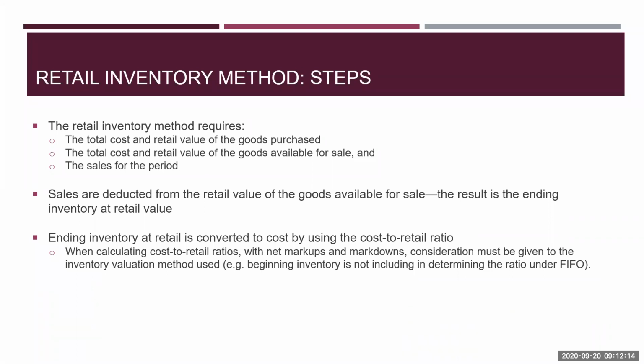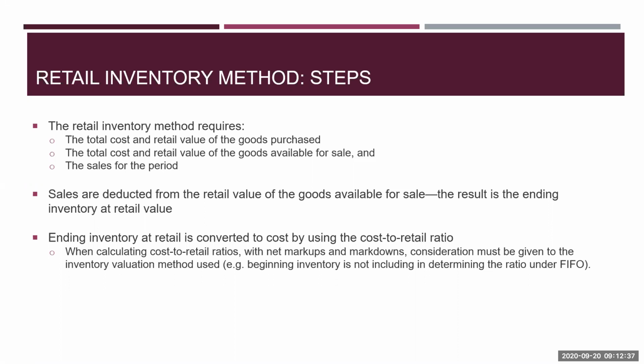The retail inventory method requires the total cost and the retail value of the goods purchased. Here we compare the cost of purchases and the retail value of those purchases, the cost and retail values of goods available for sale, as well as the sales made in the period.